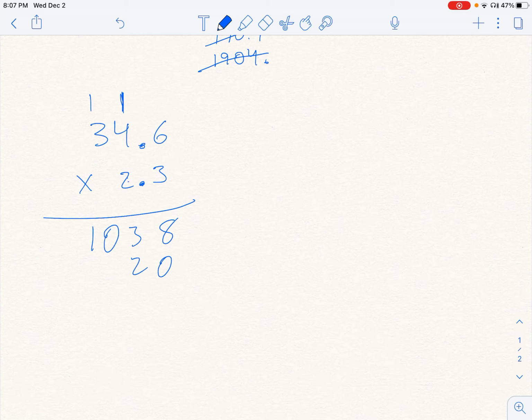Once again, I want to place my decimal because 34 times 2.3 sure isn't 7,958. If I do estimation, 34, how about that's 30? 2.3, that's 2. What's 30 times 2? That'd be 60.